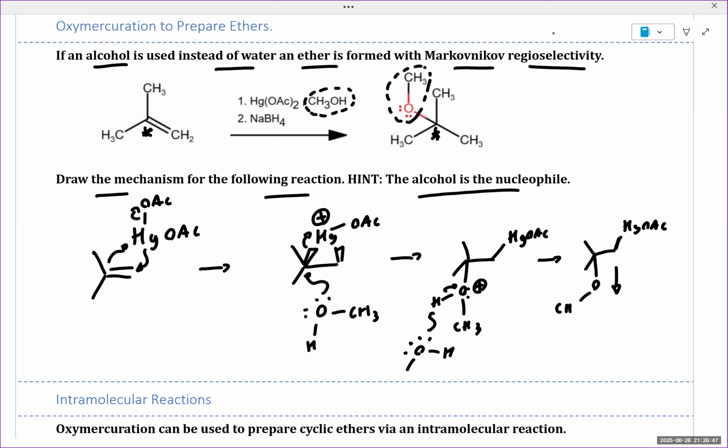And from here, after treatment with sodium borohydride, we're going to reduce off this alkyl mercury, and that leaves us with this methanol-derived ether as our product. Really, it's the exact same mechanism. We just are using an alcohol such as methanol instead of water.